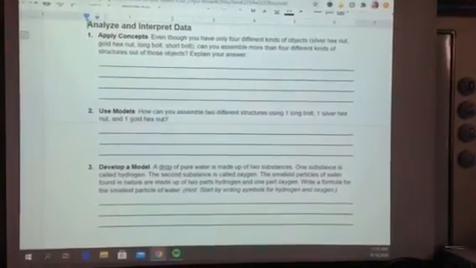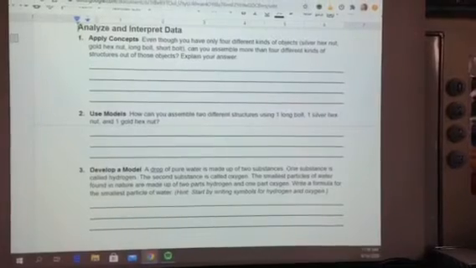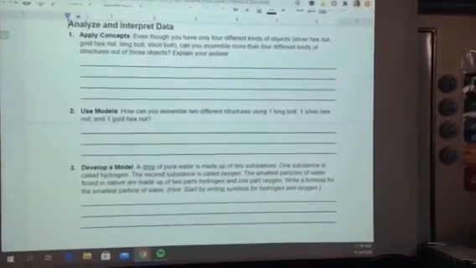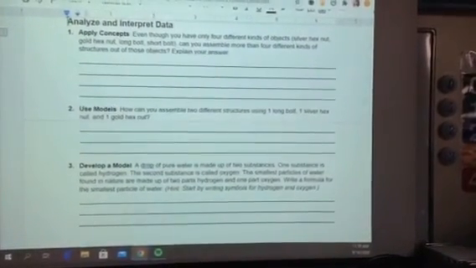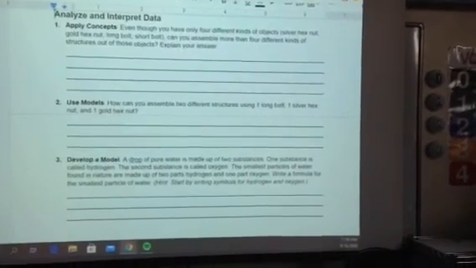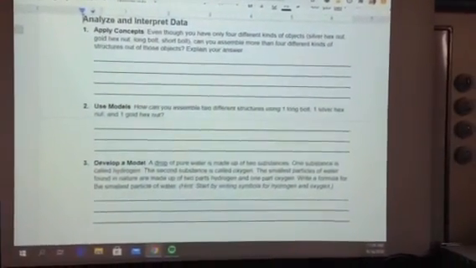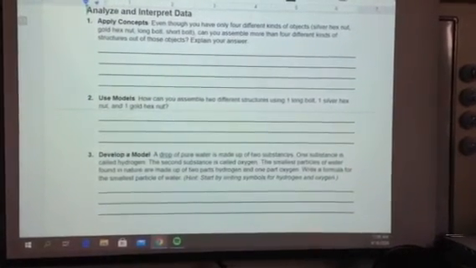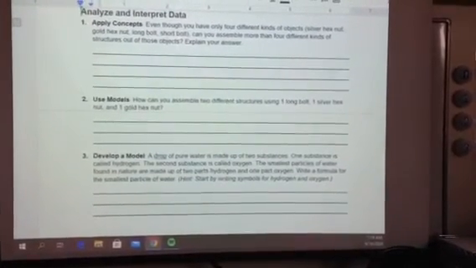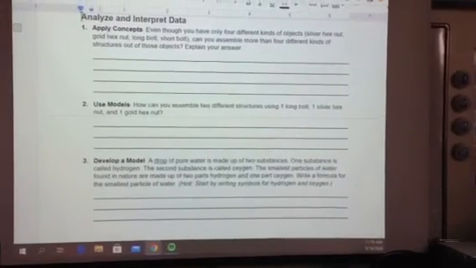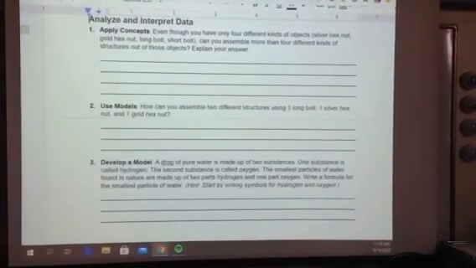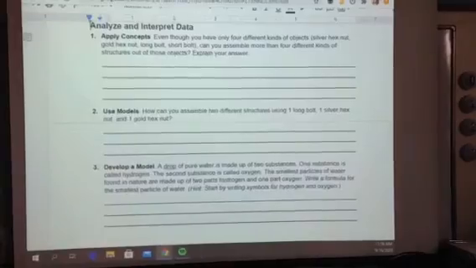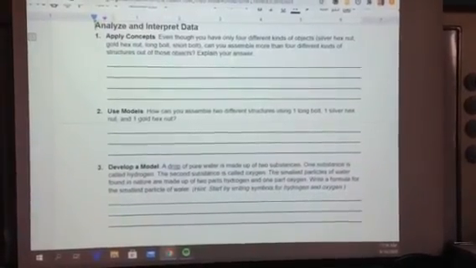You want to start by writing your symbols for hydrogen and oxygen, just like we did for our long bolt, short bolt, gold, and silver hex nuts. So pick a symbol for hydrogen and oxygen, and then write a formula for something that is made up of 2 parts hydrogen and 1 part oxygen. Again, if you don't know, I still want you to give it a try. Do your best.